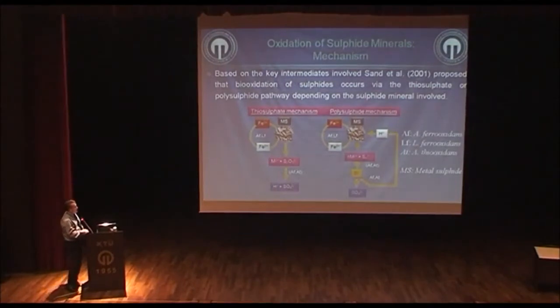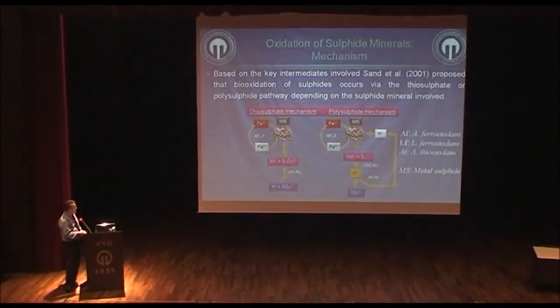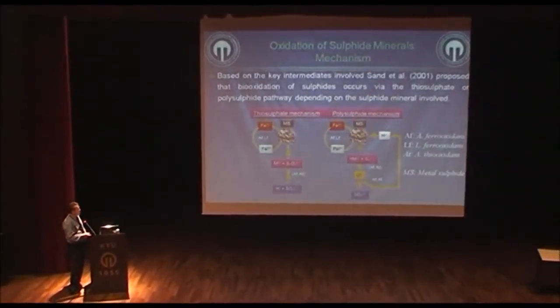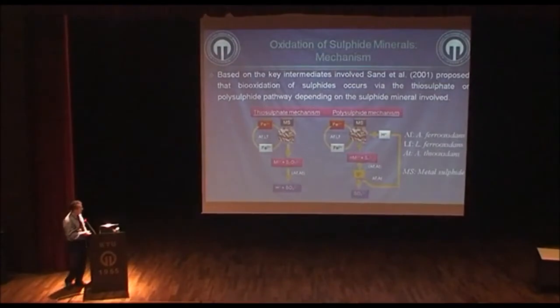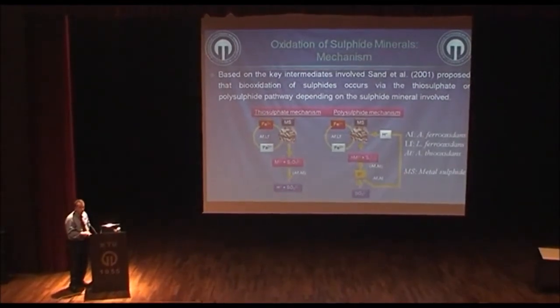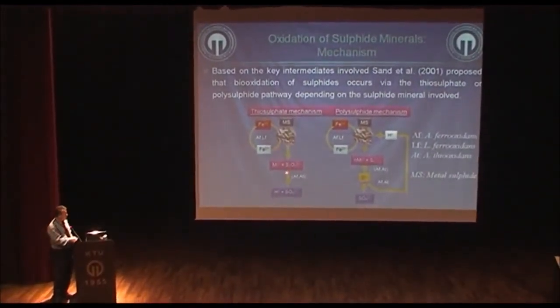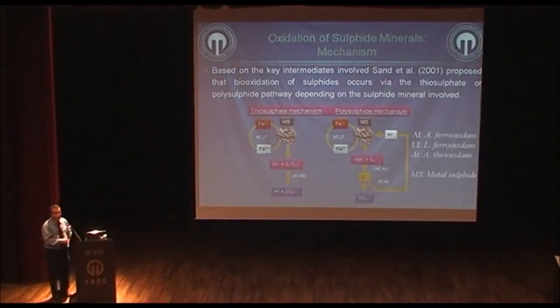So, based on key intermediates involved, Sand et al. proposed that bio-oxidation of sulfides occurs via the thiosulfate or polysulfide pathway, depending on the sulfide mineral involved. Which means minerals like pyrite can be oxidized directly to sulfate through the formation of thiosulfate as the primary sulfur intermediate.